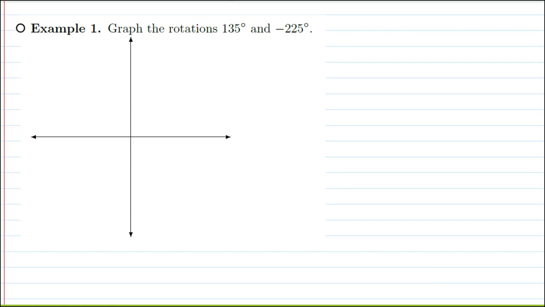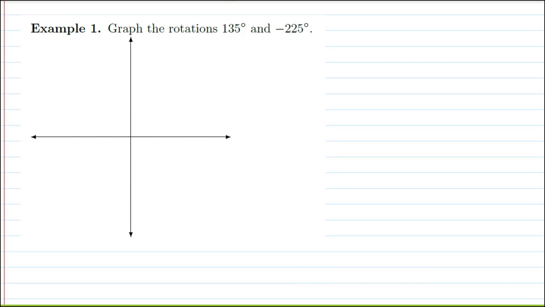So first thing we need to remember is that if we rotate all the way around, so if I were to start at the positive x-axis and go all the way around to back to where I started, that would be a rotation of 360 degrees. So if I were to rotate from the positive x-axis to the y-axis, well, that would make a right angle, so that would be 90 degrees. From the positive x-axis to the negative x-axis, that would be 180 degrees. And if I went from the positive x-axis to the negative y-axis, that would be 270 degrees.